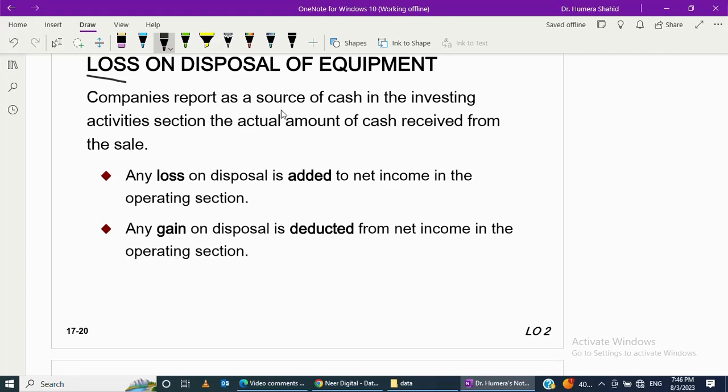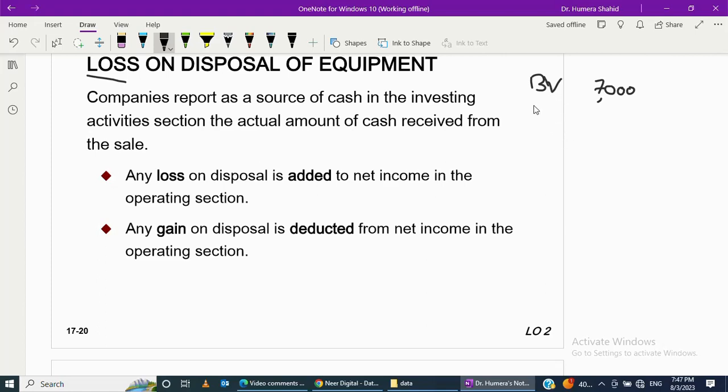Companies report as a source of cash in the investing activity section the actual amount received. So for example, the book value of equipment in this question is 7,000. Check the additional notes. Book value is 7,000, right?